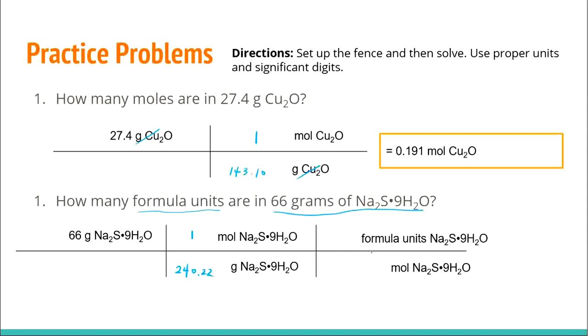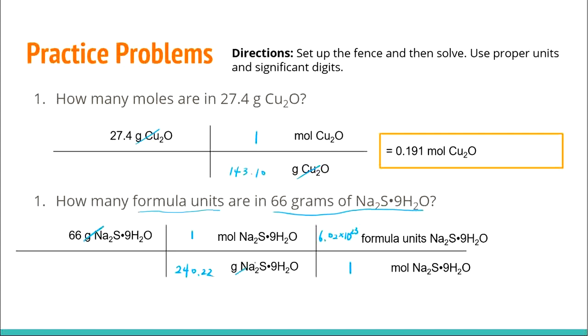Let's complete our next fence. Formula units over mole. Well, what numbers are going to go there? What is the conversion factor that we're using here? 1 mole is equal to 6.02 times 10 to the 23 formula units. So 1 goes next to mole, and 6.02 times 10 to the 23 will go next to formula units.